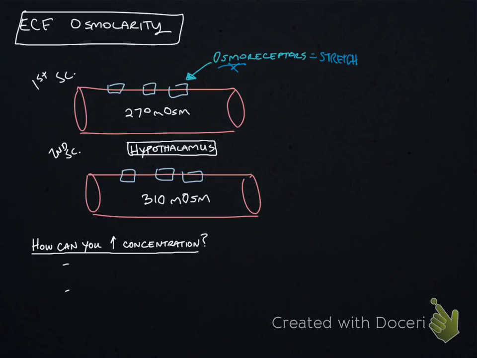So in this first scenario, we have an osmolarity of the blood of about 270 milliosmoles. This is slightly less than isoosmotic. And that means that this one is more concentrated. Okay?